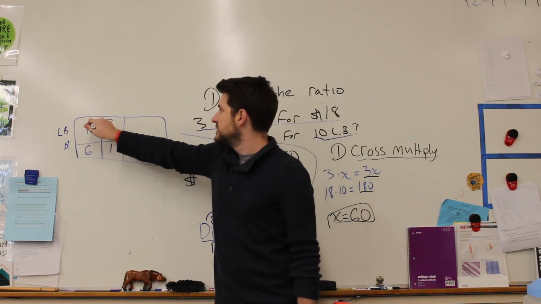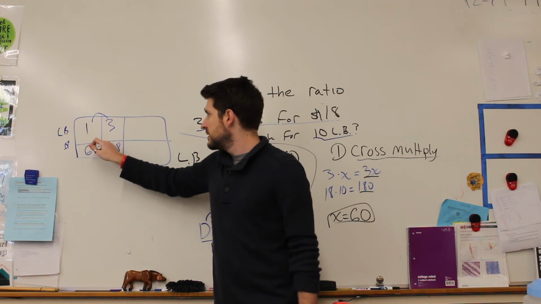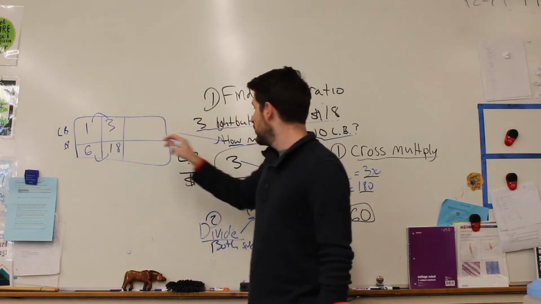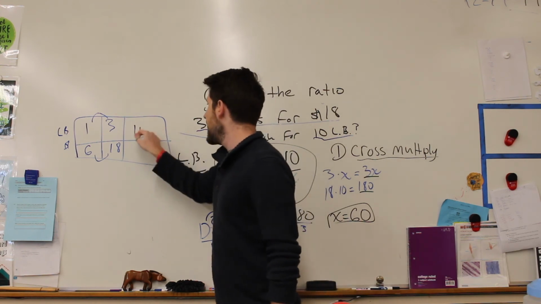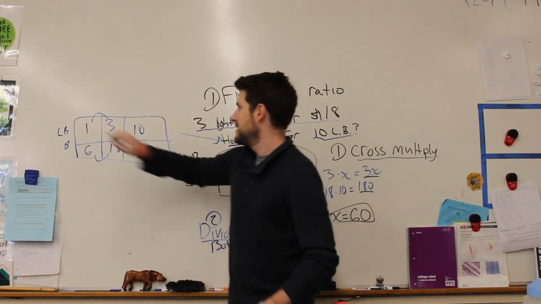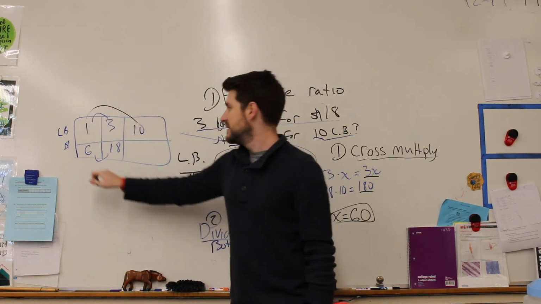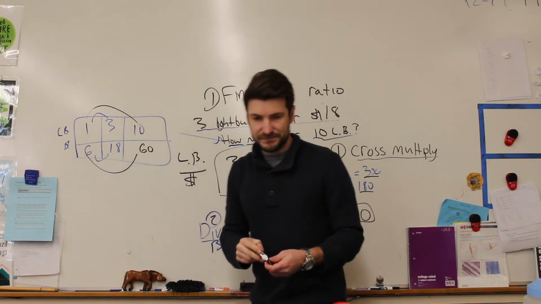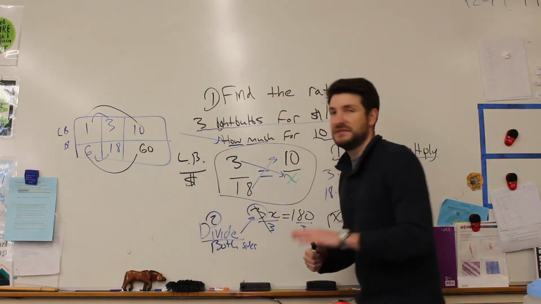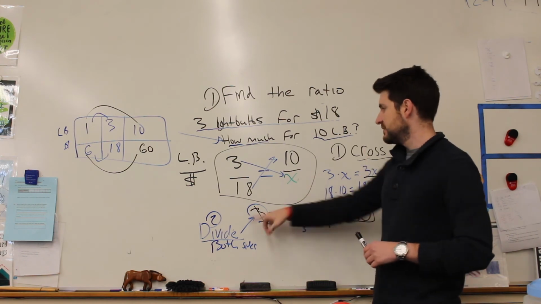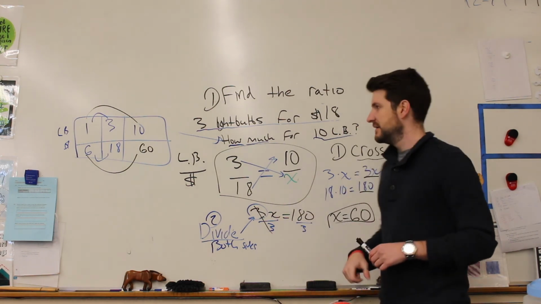So, times 3, times 3. So, if this is 10, times 10, 6 times 10 is 60. Got the same answer. We just solved it using cross multiply and divide.